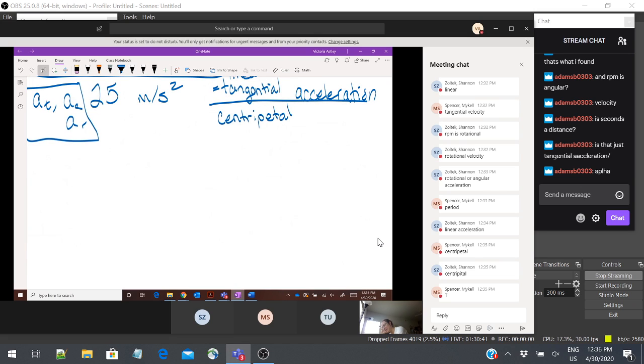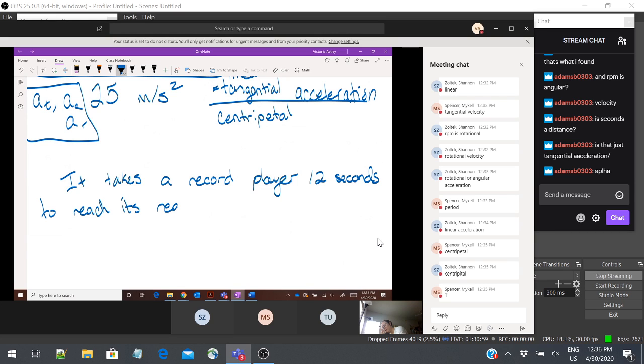So it takes a record player 12 seconds to reach its regular speed.